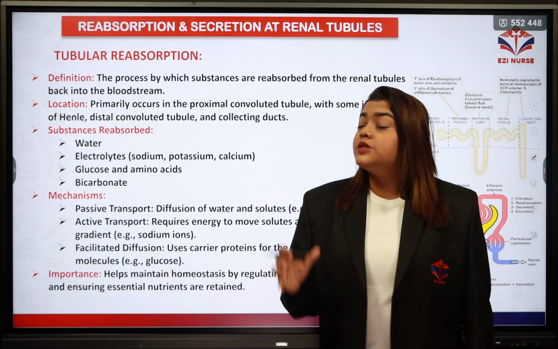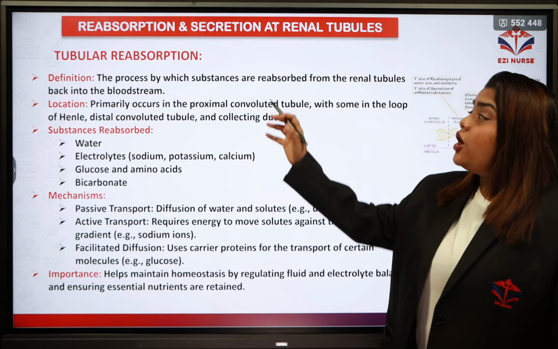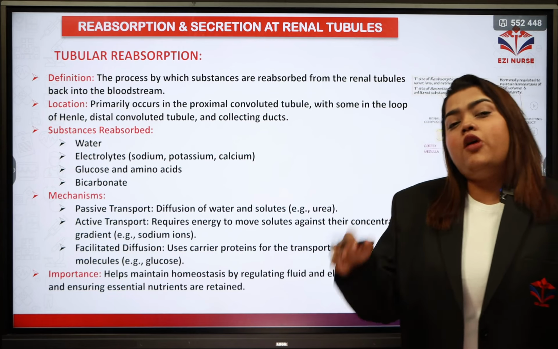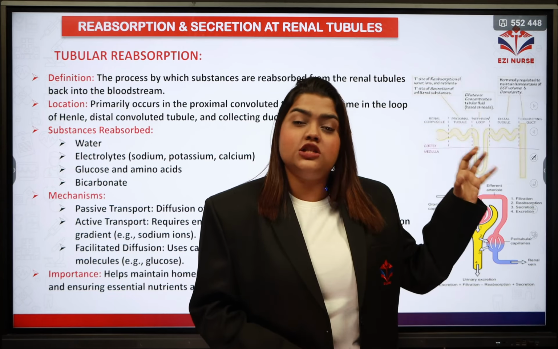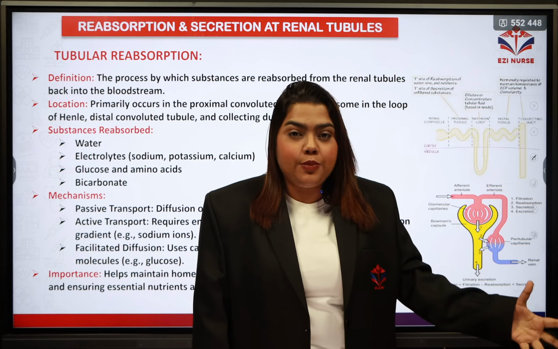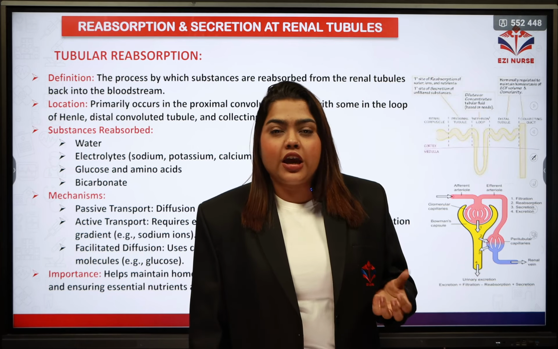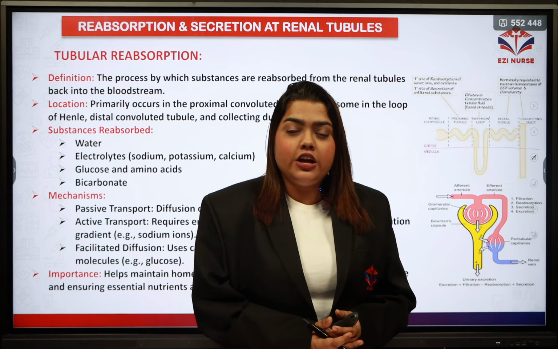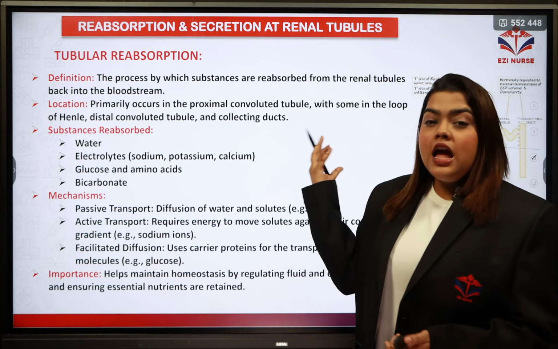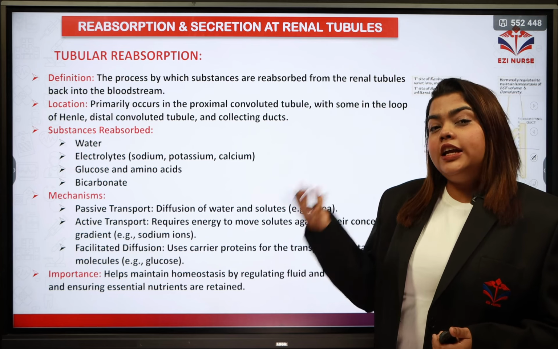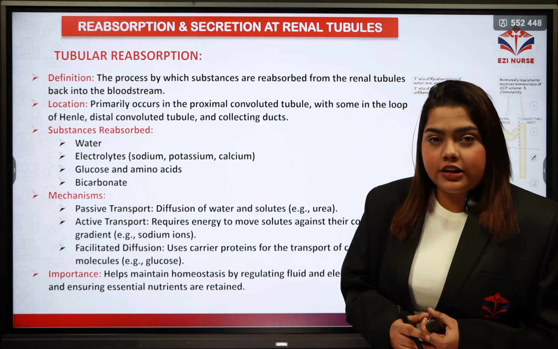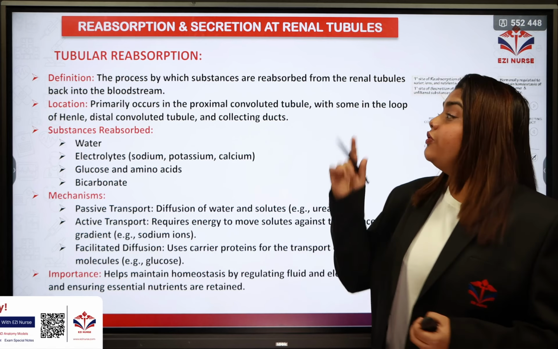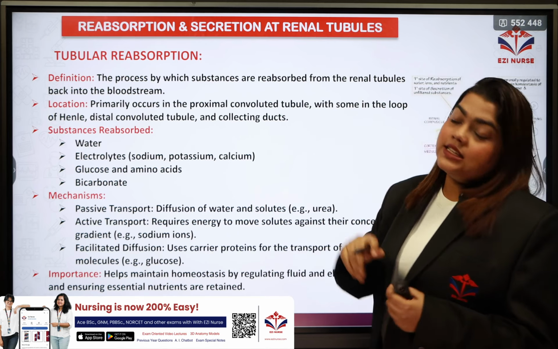So the next most important topic is reabsorption and secretion at the renal tubules. As we know, the functions of the kidney are to filter and purify the blood, to maintain the concentration, and hormonal regulation. In the kidneys, the tubules are in the nephrons, and they have different functions, which are reabsorption and secretion.